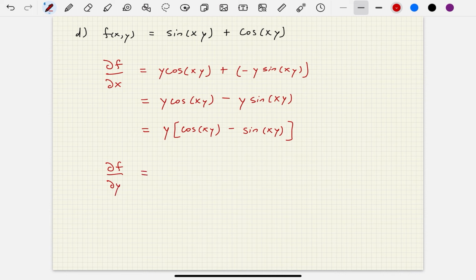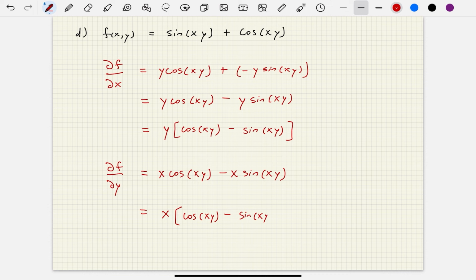Well, I follow a similar process, except x is going to be your constant here, okay? And again, you're differentiating with respect to y. So that first term is going to be x times cosine of x times y, and then that second term is going to be minus x times the sine of x times y. And of course, if you want to factor that out, you can get x times the quantity cosine xy minus sine of xy.